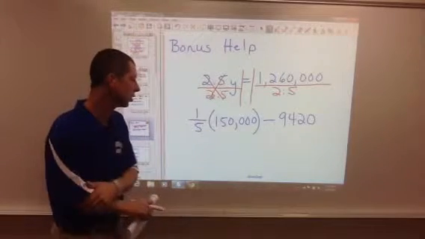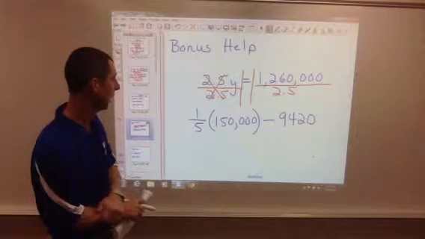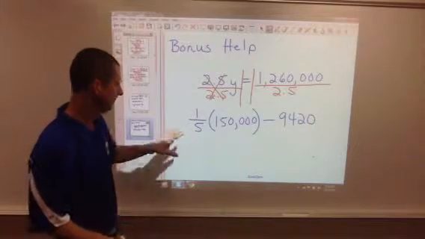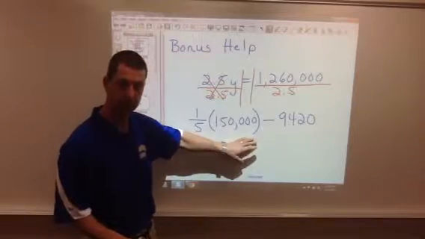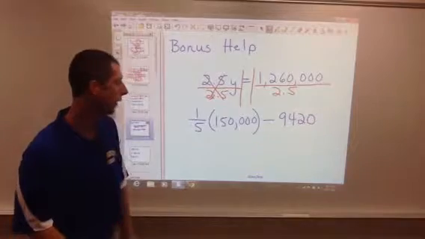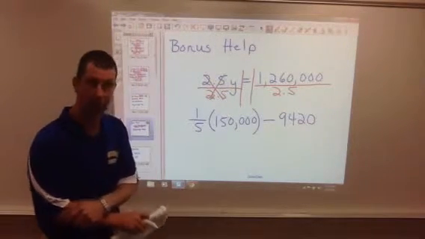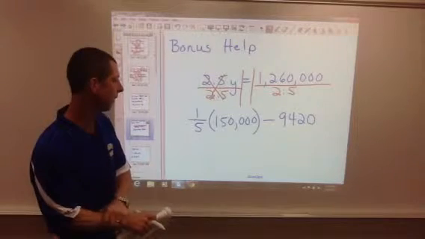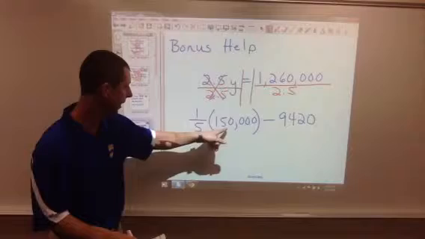Okay, this one deals with the area of the Great Lakes. It's 1/5 the size of one of the seas. And then it's also 9,420 square miles smaller yet. So that's why we're subtracting that from it. So on this problem, what you have to do first is solve this right here.